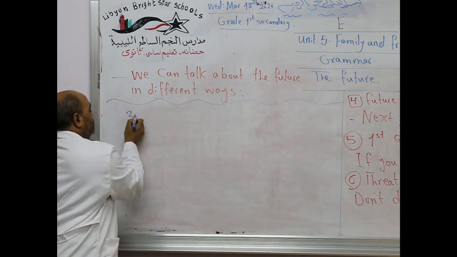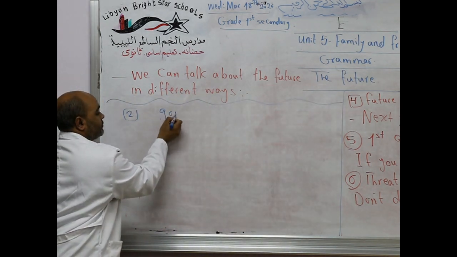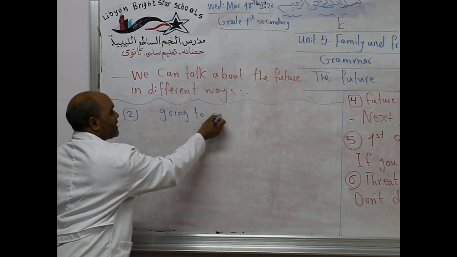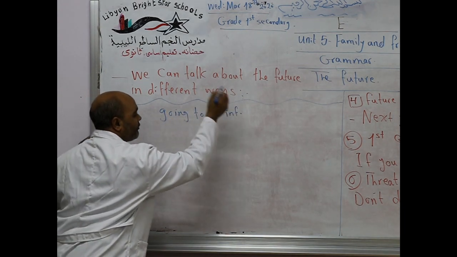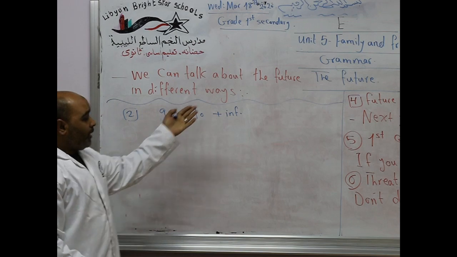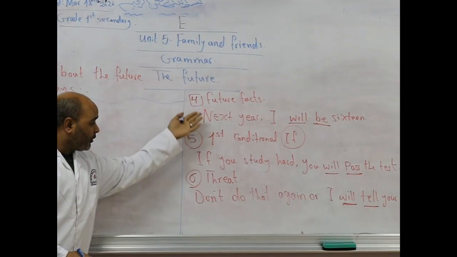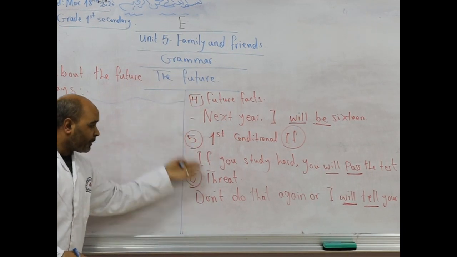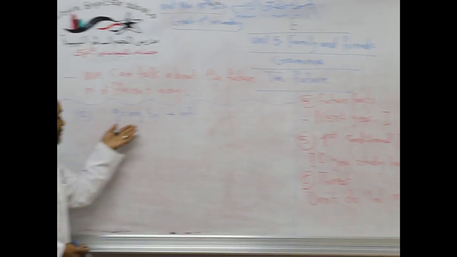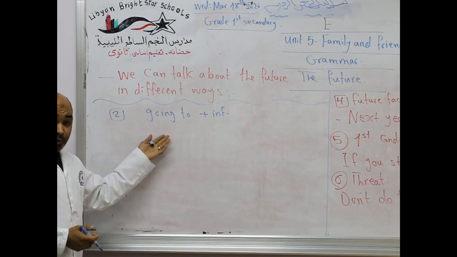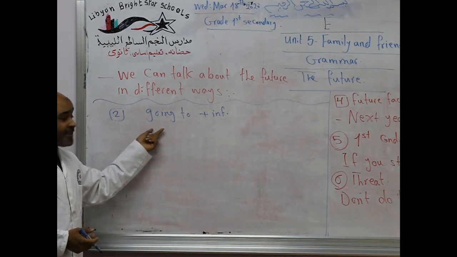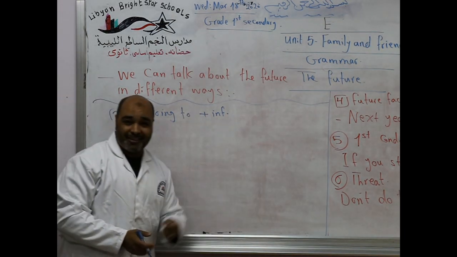Going to plus infinitive or the main verb. After we talked about will to talk about the future, now I'm going to tell you about going to. Going to, is it a verb? No, it's another form to talk about the future. How?